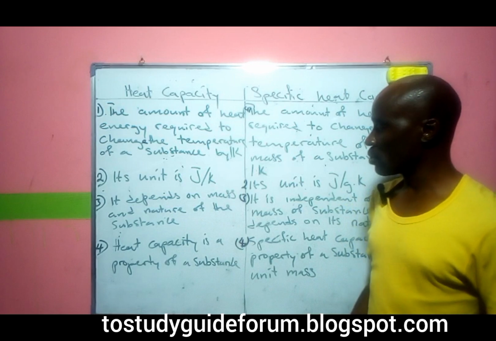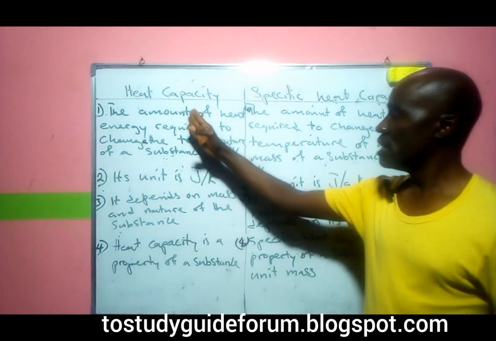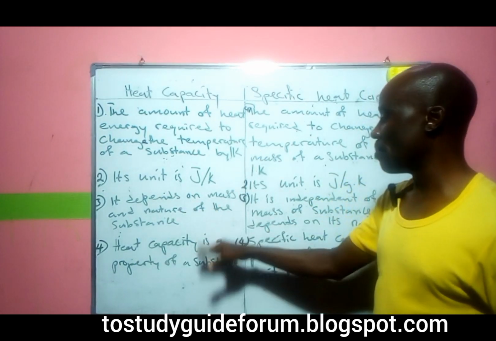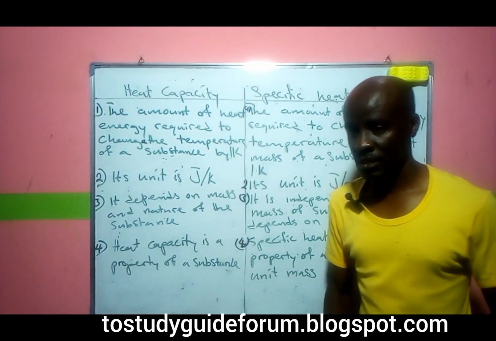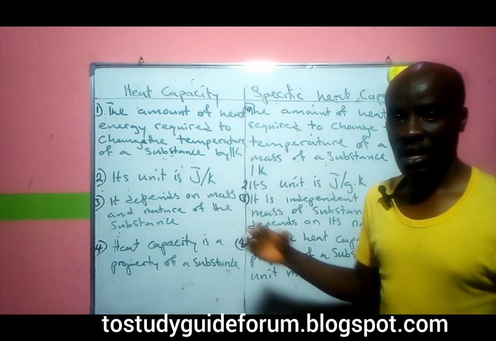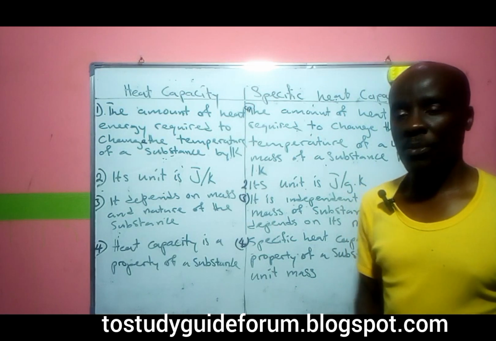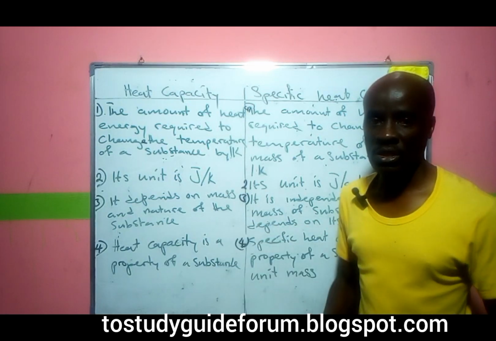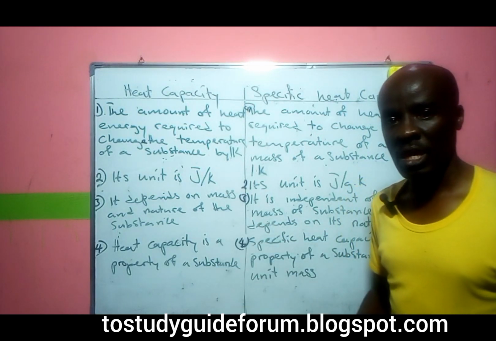The next one we should also note is that heat capacity depends on the mass and the nature of the substance. We're going to go into details on this to help us understand that, because we normally use it during the calculation.